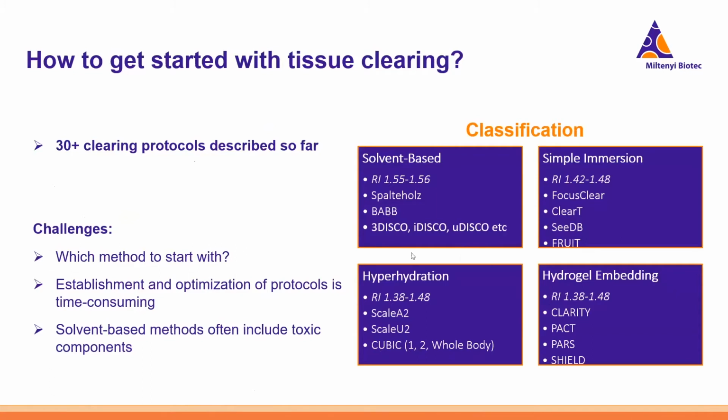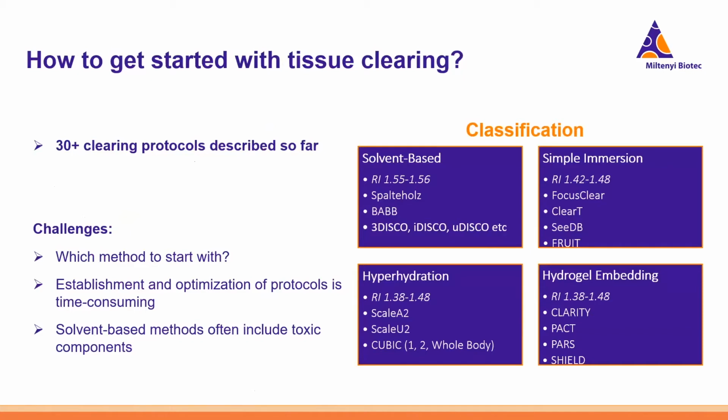But if you see all these different protocols, the question arises, okay, which method should I actually start with? And this often depends on the application. And once you have decided for a certain tissue clearing protocol, often you have to optimize it for your organ. And this can be very time consuming.